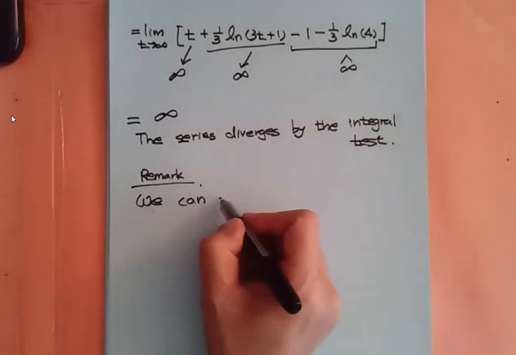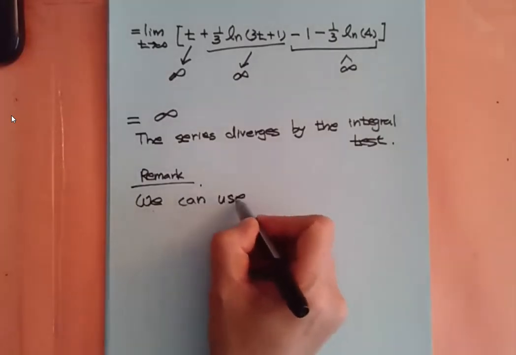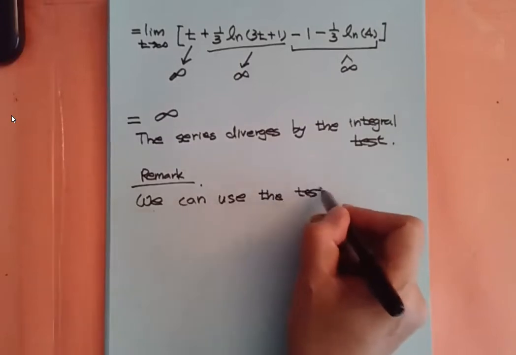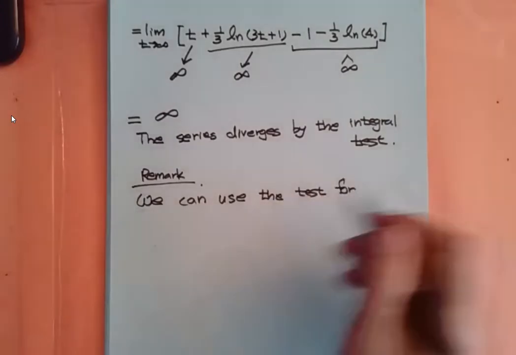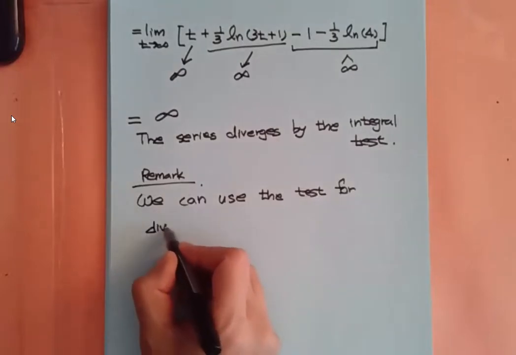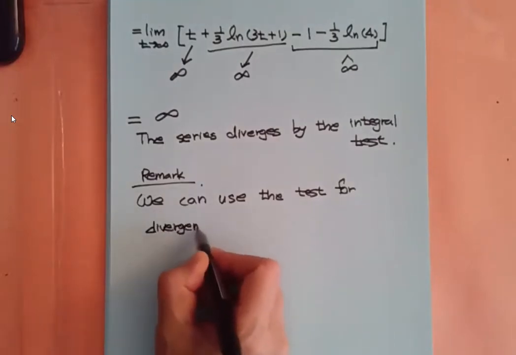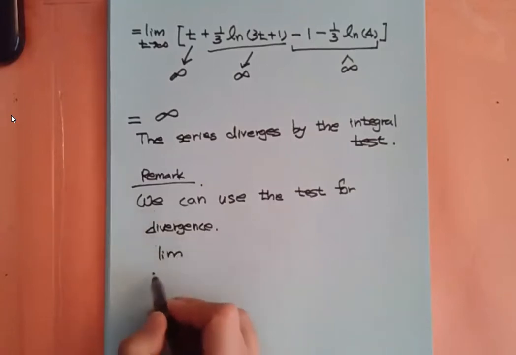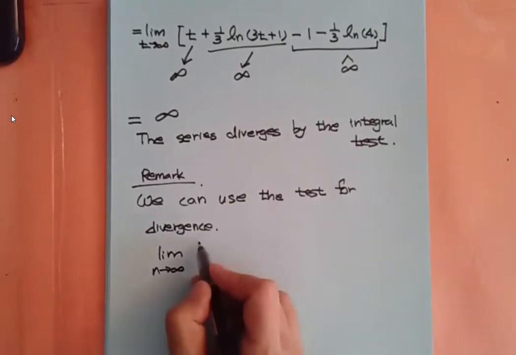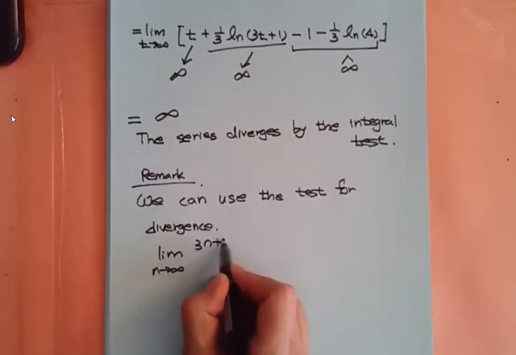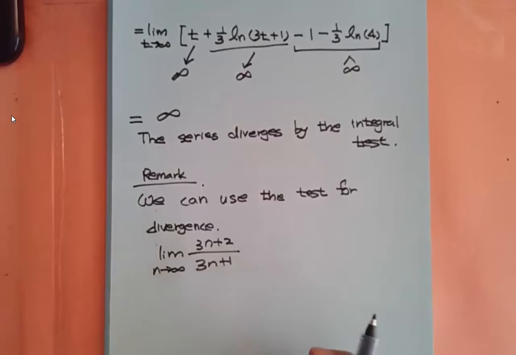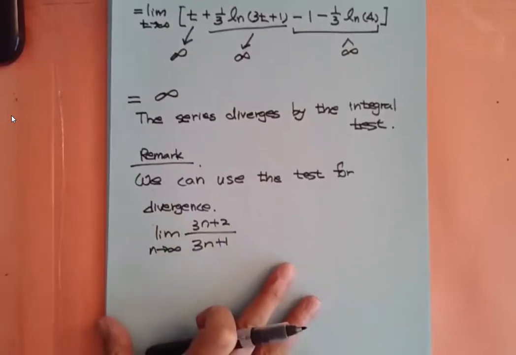In this case, we can use the test for divergence. The test for divergence says if the limit of the term doesn't approach 0, then the series will diverge.